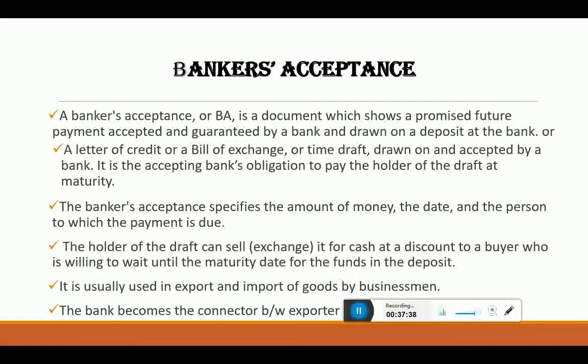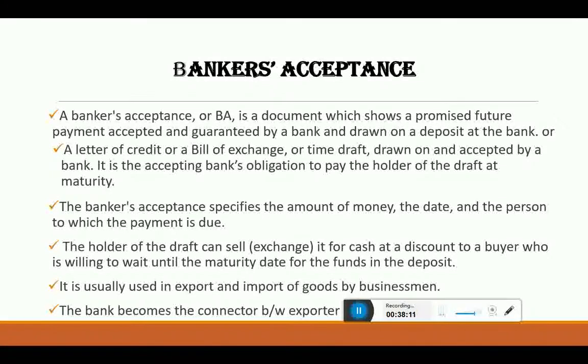It's basically a document which shows a promised future payment accepted and guaranteed by a bank and drawn on a deposit at the bank, or a letter of credit or bill of exchange. This banker's acceptance can be a letter of credit, it can be a bill of exchange. These are two types of negotiable instruments. Or a time draft, drawn on and accepted by a bank.